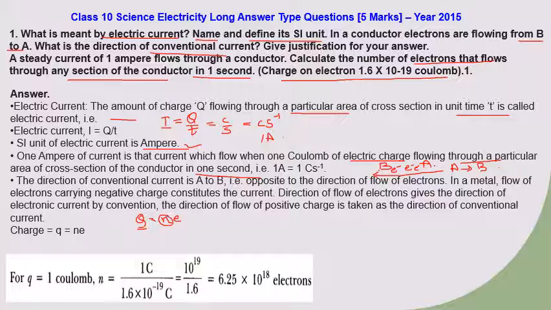So N will be Q divided by e. Here Q is 1 coulomb divided by 1.6 into 10 to the power minus 19. So we are getting 6.25 into 10 to the power 18 electrons. So this is our final answer.